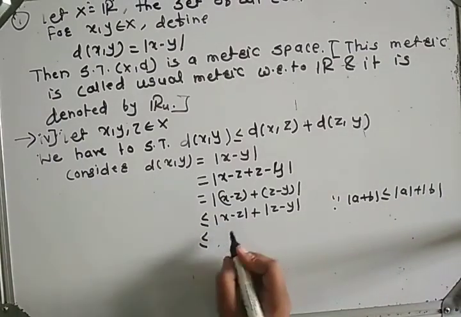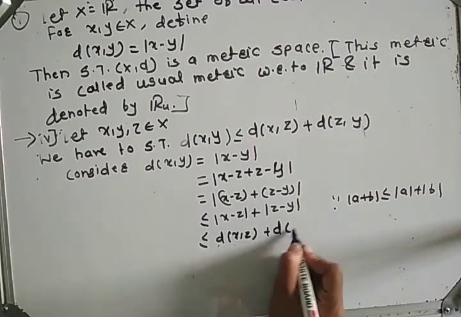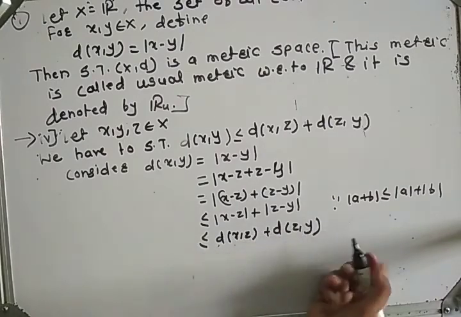This is equal to d of x comma z plus d of z comma y.